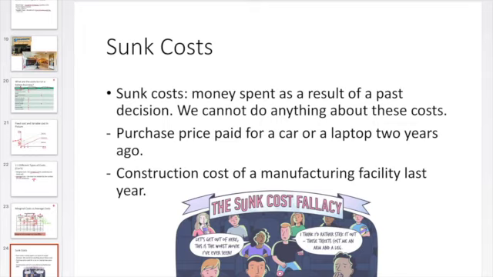For the current decision, maybe you want to buy a new computer right now, and you don't want to think about the price you paid for the old computer, because that's not going to change. Another example is the construction cost of a manufacturing facility last year. If you already built that facility, you already spent some money, and that money is not going to come back, no matter what you do with the new decision. So those are the sunk costs.